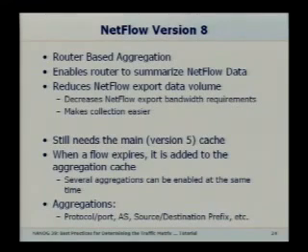Then the newer versions of NetFlow have big advantages over what I've been just explaining, because they can actually perform aggregation within the router. So instead of exporting every flow record, you can say, in the router itself, sum all the flow records up which have traffic to a certain prefix, or all the flow records which have traffic to a certain AS.